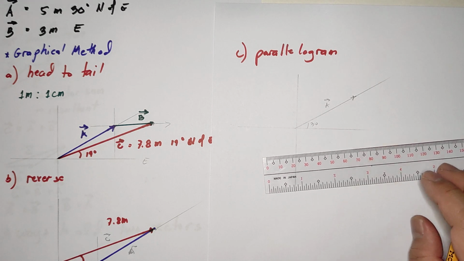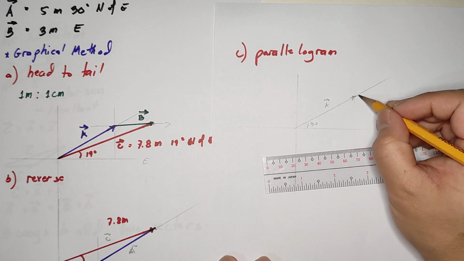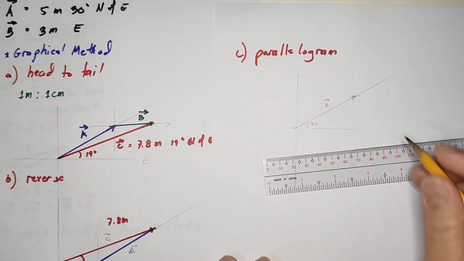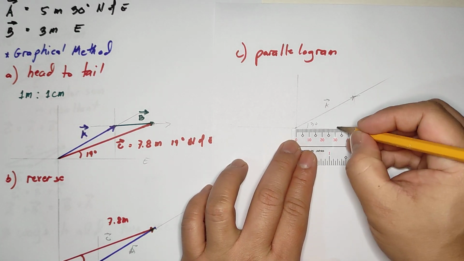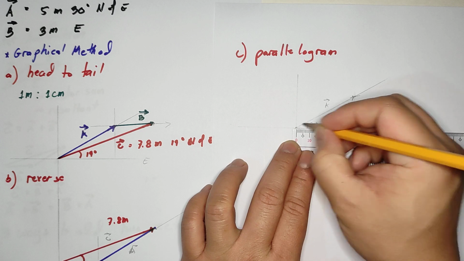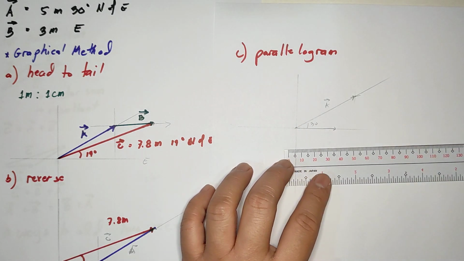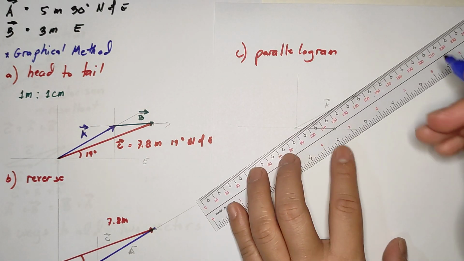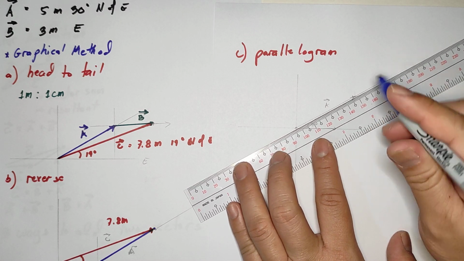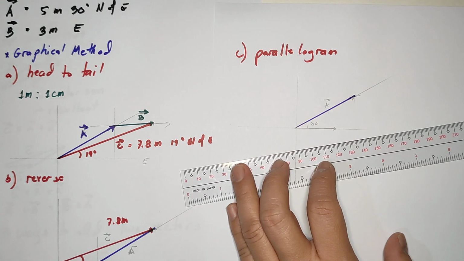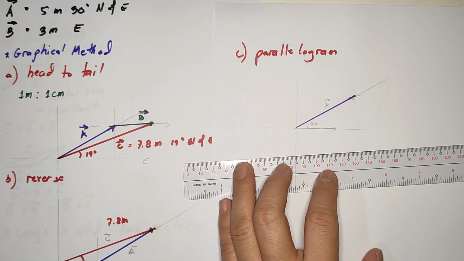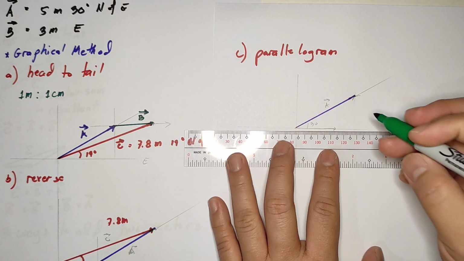Then the other one, instead of putting it here, I'll put it in the tail. So I have the A. Here's the A. Okay. And the other one is B. Here.